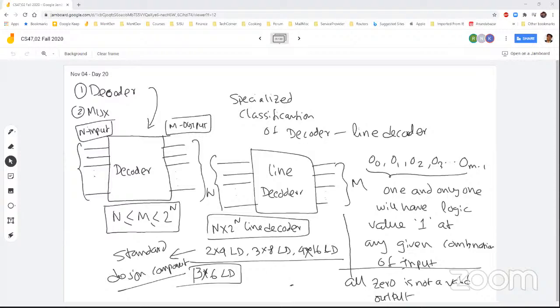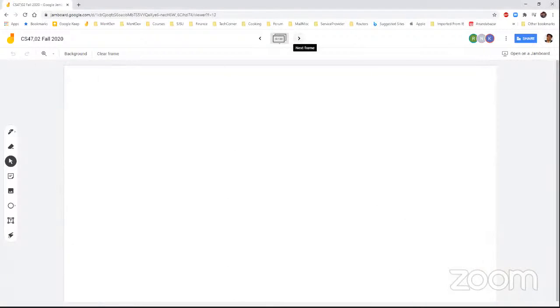For example, let's say you want to build a function like A, B, C, D, E, F. This function is a 6 variable function, right?